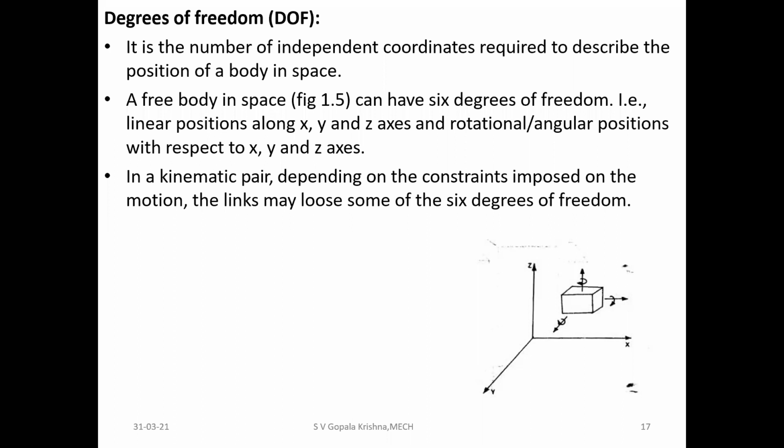One important statement is that when the body is constrained, it may lose some of its degrees of freedom. That also happens.